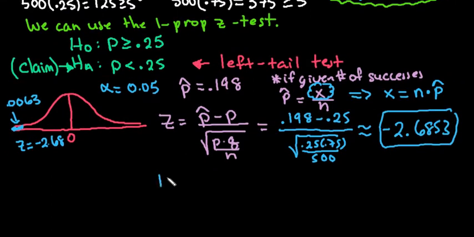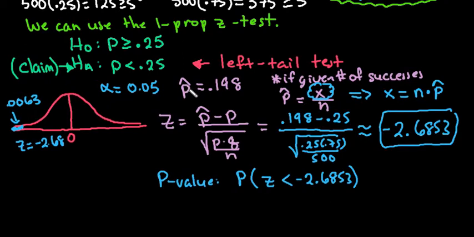And our p-value, like I said, this is the probability that our standardized test statistic z is less than negative 2.6853. You could also write it as p, the probability of our p hat being less than 0.198.